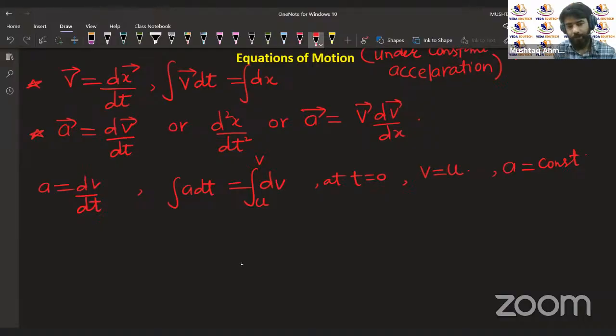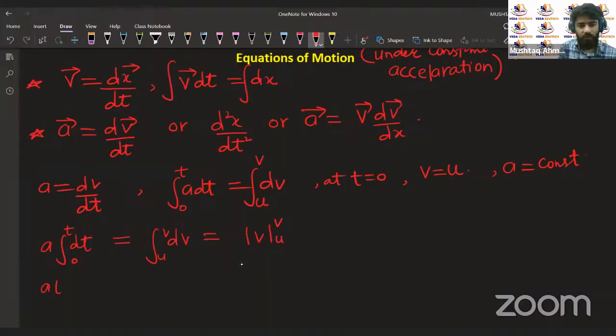From time t equal to 0, the velocity was u, and at time t there is some final velocity v. So a will come out of the integral, leaving the integral of dt from 0 to t, equal to the integral of dv, which will be v, from u to v.